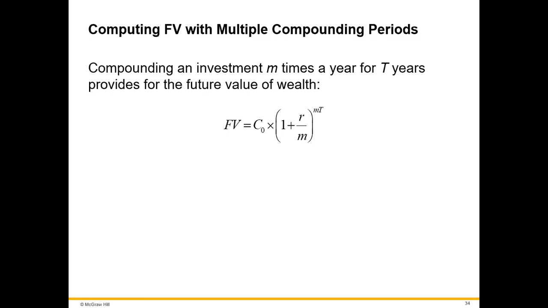So 1 plus 2.5%. Raise that not to the number of years power, but the number of compounding periods, which would be the number of years of the investment times the number of compounding periods per year. So if you compound 4 times a year, and you're going to keep it invested for 3 years, the number of periods it compounds is 12. So that's what that formula means.